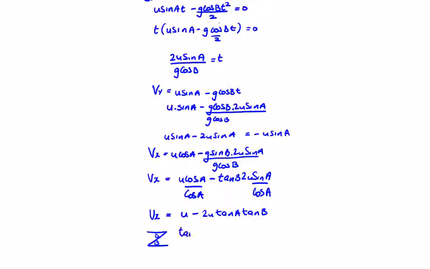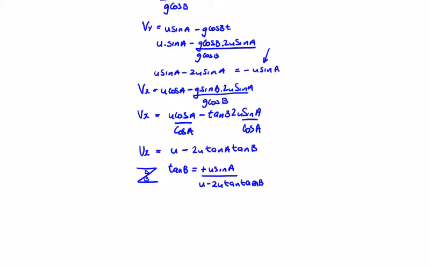We can say that tan B is equal to minus the velocity of y, so that's going to be minus this guy up here, so plus u sine A, divided by the velocity of x, which is u minus 2u tan A tan B. So cross multiplying, we're going to get u tan B minus 2u tan A tan B equal to u sine A. So we divide across by u.